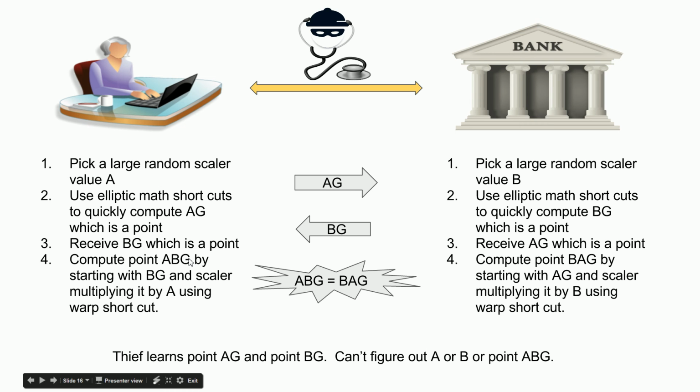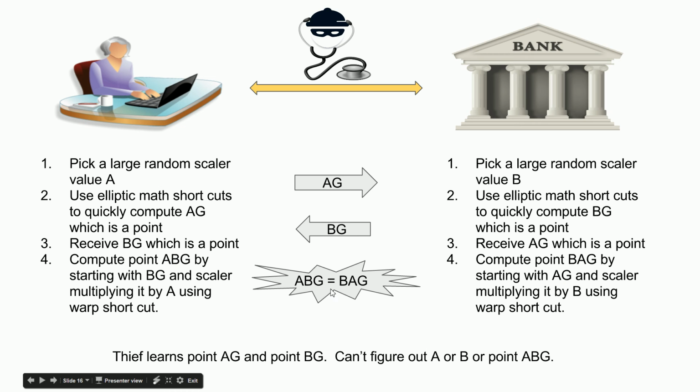I mean, impossible unless you knew where you were going ahead of time. So you find ABG, and the bank does the same thing. They received AG from you. They don't know what A is, but they do know their B. So they take your point AG and continue multiplying it by B using elliptic math, and they come to a point they'll call BAG.